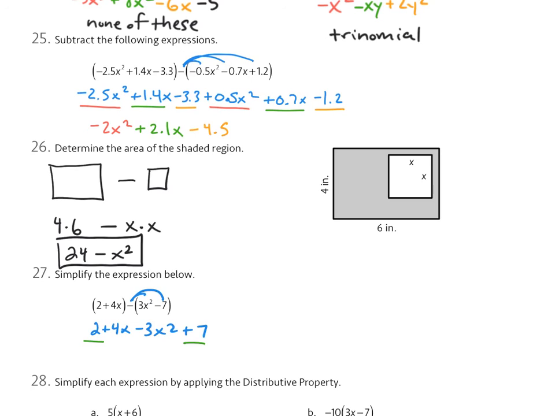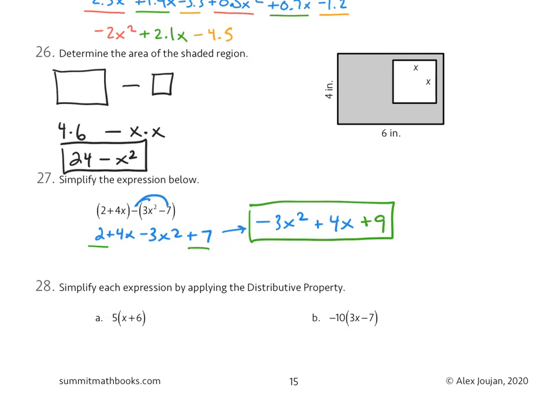Now I'm going to write this in an order that puts the term with the highest exponent first, so that's minus 3x squared, and then the next highest exponent next, which is plus 4x, and then the term without an x in it, the constant term, we will put last. 2 plus 7 is 9, so plus 9. And there's the final result. It is a trinomial.